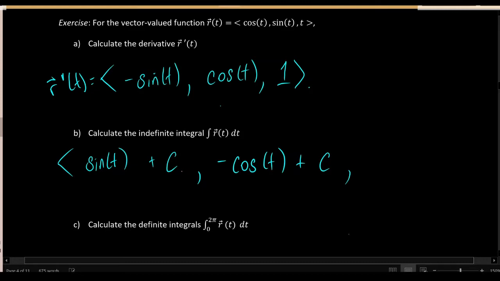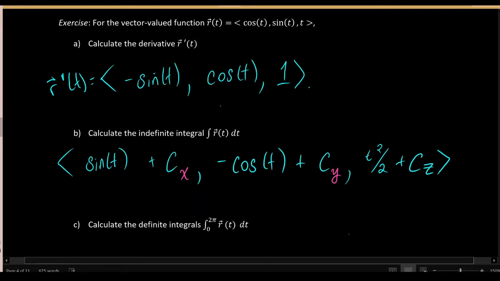One I might call c sub x because it's for the x component. The other one I might nickname c sub y because it's the constant for the y component. Likewise, when I integrate t, I'll get t squared over 2 plus some constant for the z component. So my preference usually is to call that c sub z.